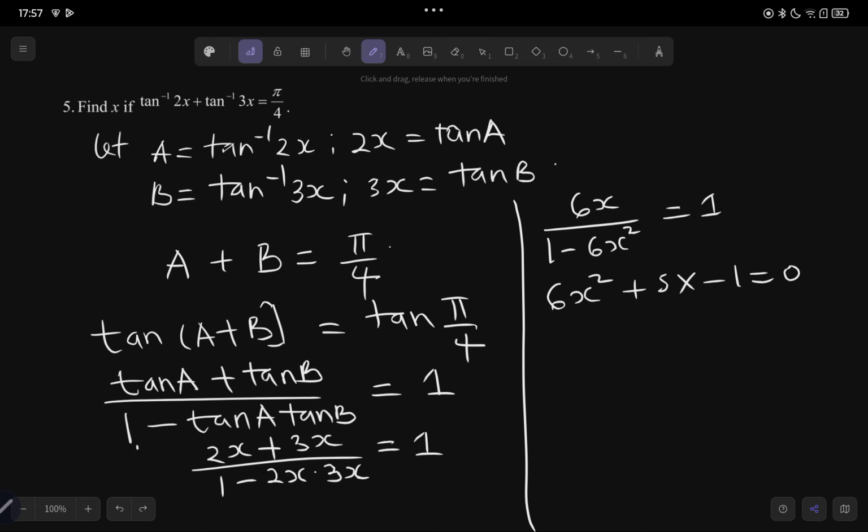Then we shall solve for x using any of the methods, either factorization, formula method, or completing squares, whatever is simplest for you. And we shall have the value of x as 1 out of 6, or x is equal to -1.